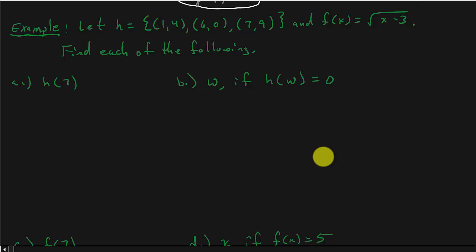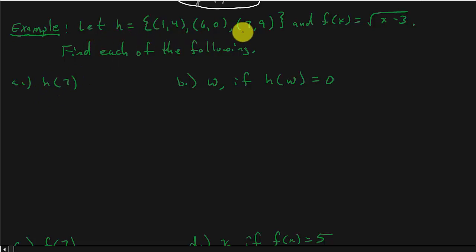All right, so now we're going to look at function notation. We've got h equal to this relation, this set of ordered pairs, and f of x equal to the square root of x minus 3. Find each of the following. Basically, what we're doing here is evaluating functions.